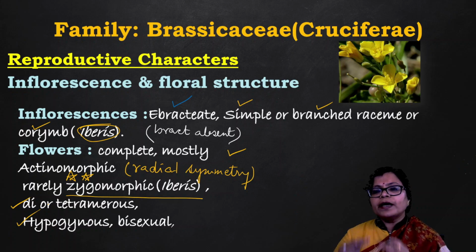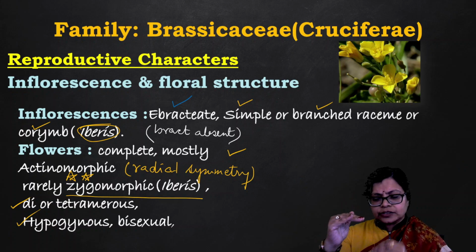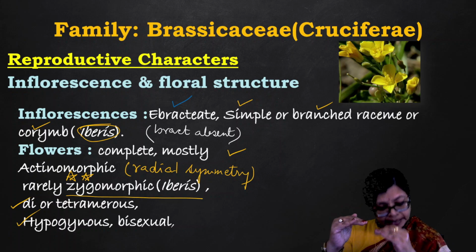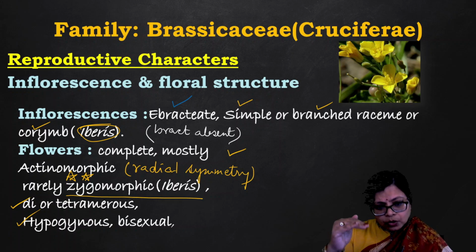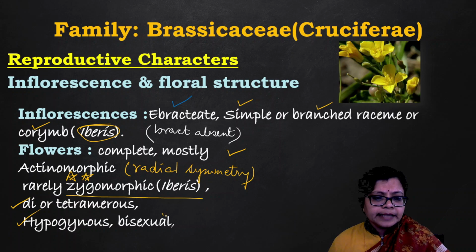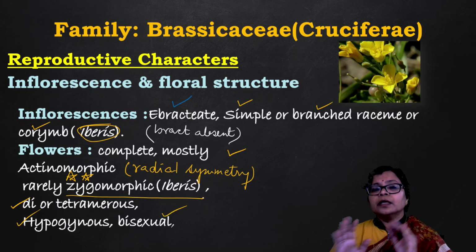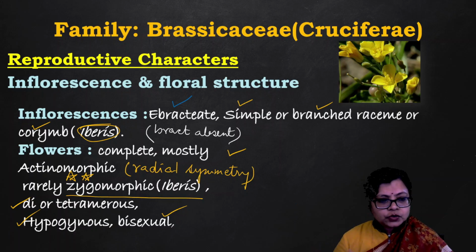That means ovary is superior and all other whorls, that is the calyx, corolla, androecium, are present below the ovary. That means ovary superior. Bisexual, that means both the whorls, androecium and the gynoecium, are present. So bisexual.